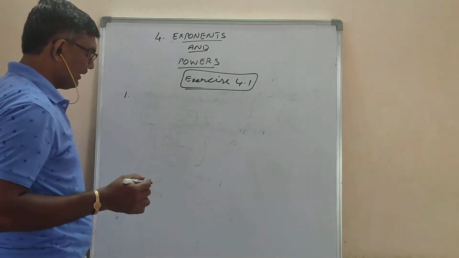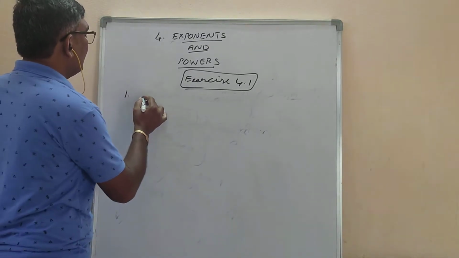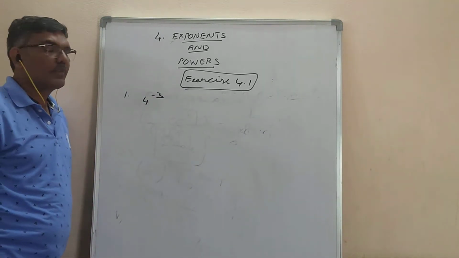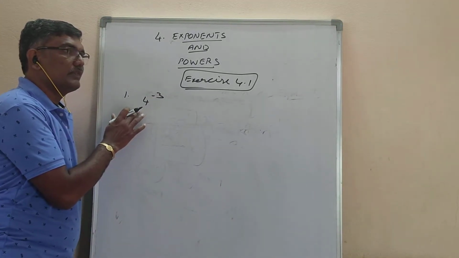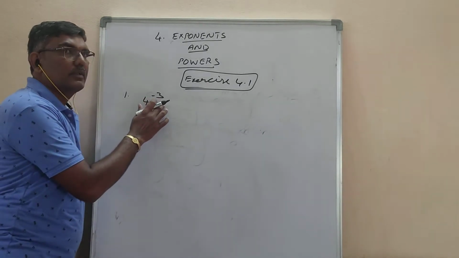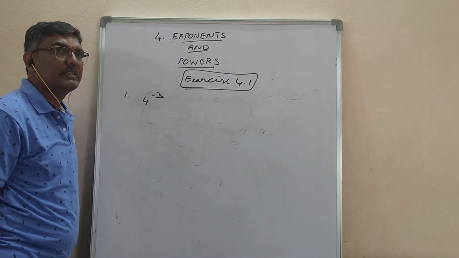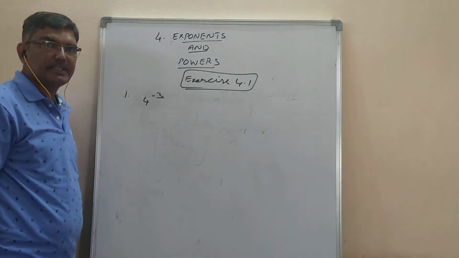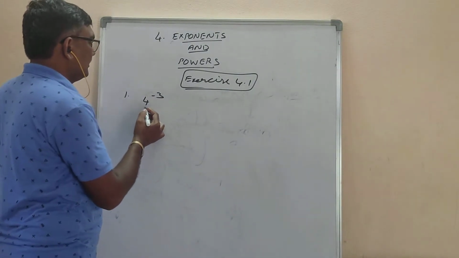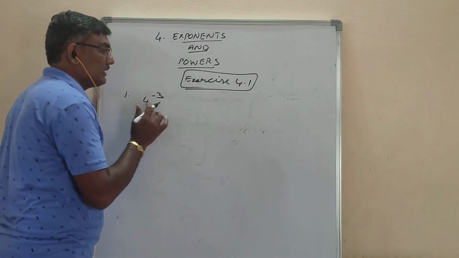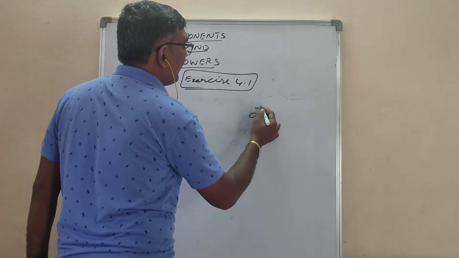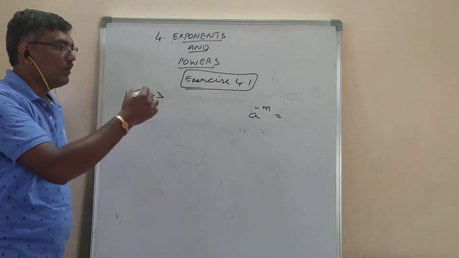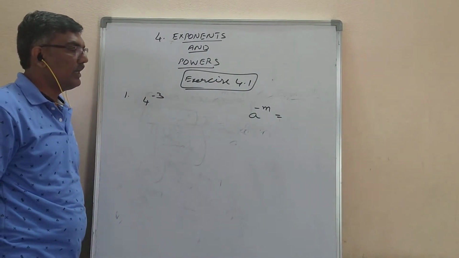Simplify and give reasons. So here 4 to the power of minus 3 is there. What is the base here? Base is 4. What is the power? Minus 3. So 4 to the power of minus 3. By seeing this, you should remember one formula, a to the power of minus m. Just now I wrote 4 or 5 formulas.